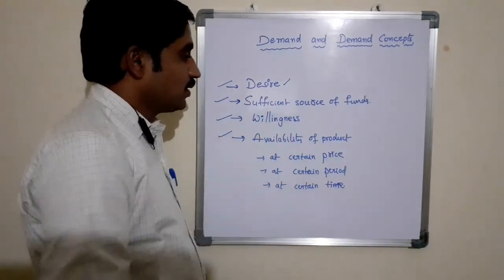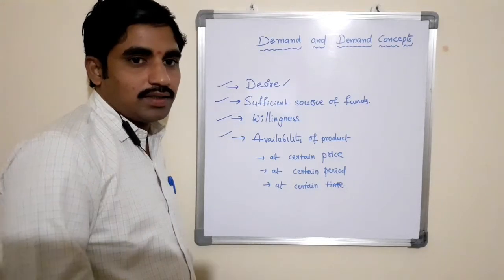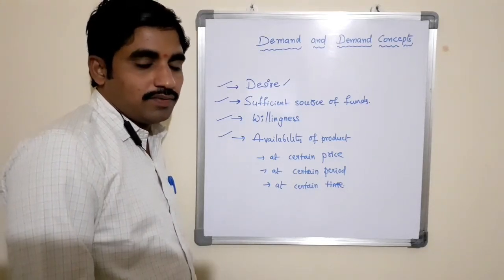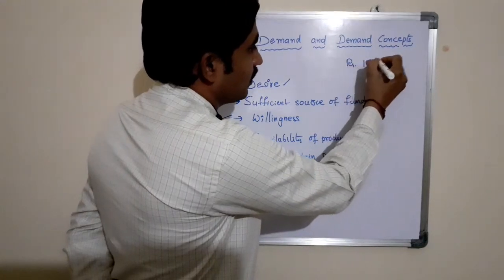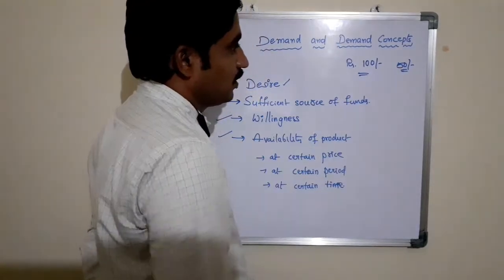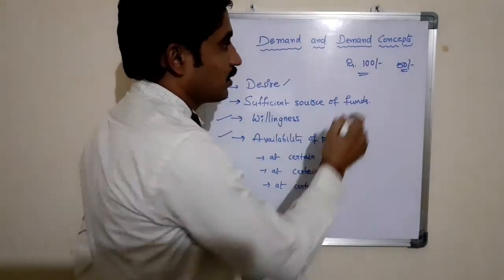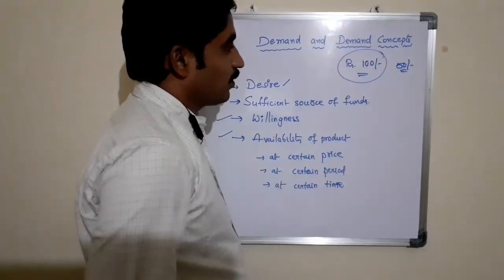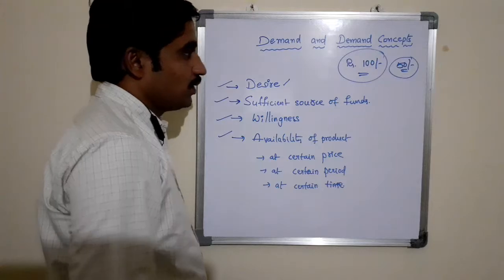We must also have sufficient sources of funds in our hand to purchase. For example, the product is available at rupees 100, but we have only 50 rupees in our hand.